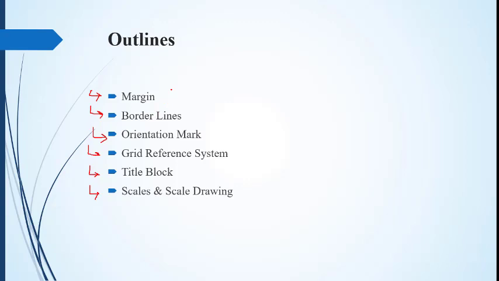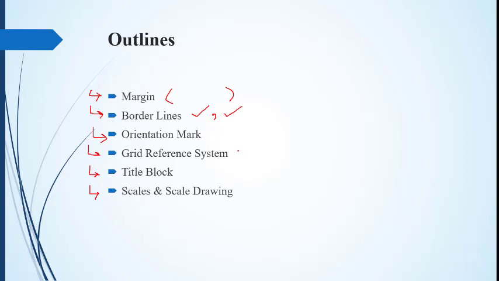First we will see what is margin, how it is provided and why it is provided. The second one is border lines: what the border lines are, what the purposes of border lines are, and what spacing is given in the border lines from the different margins. The third one is orientation mark: what it is and for what purpose it is used.